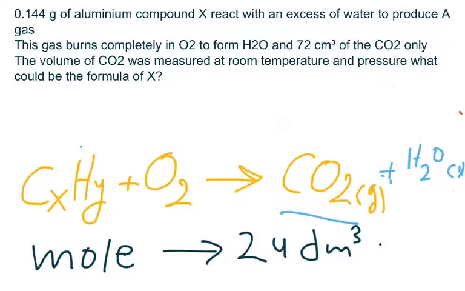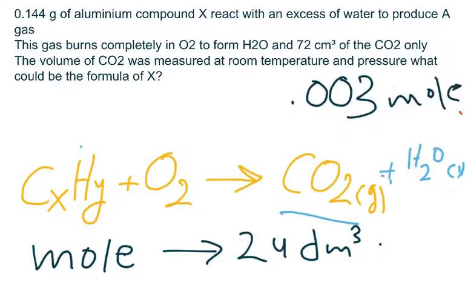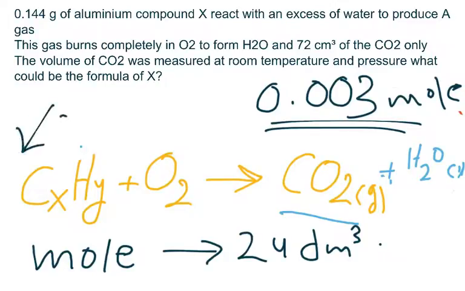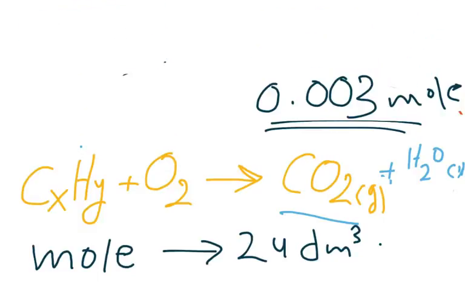So we have 0.003 moles, right? But this is not a correct integer, so I cannot go in here and say that this would be 0.003, right? Okay, so what can I do? I'm just going to move this up and talk here for a second. So what we have here is 0.003.